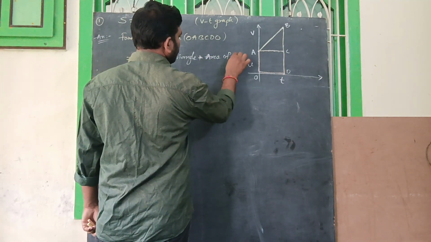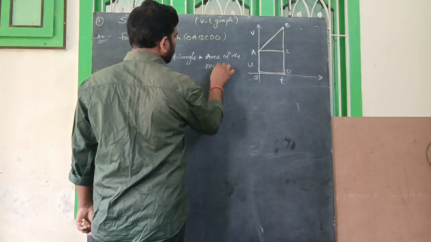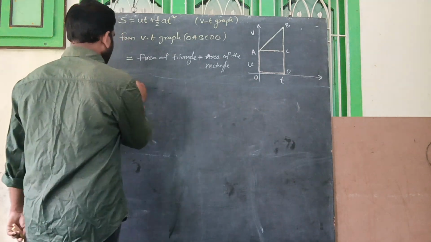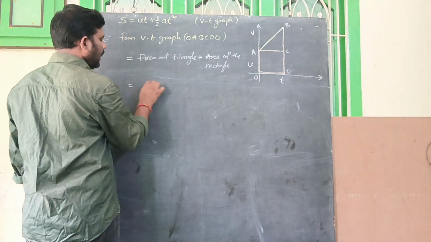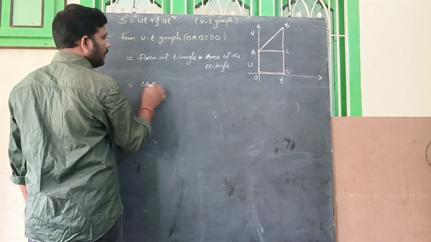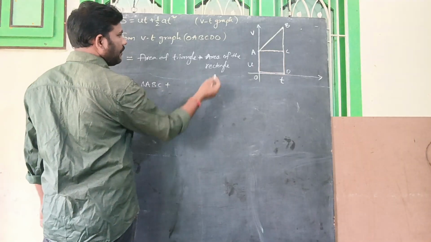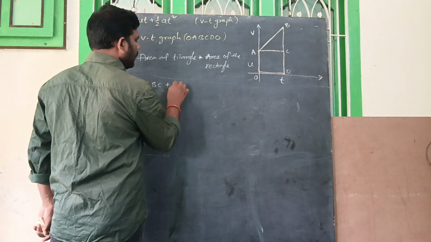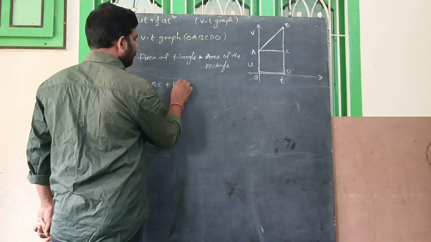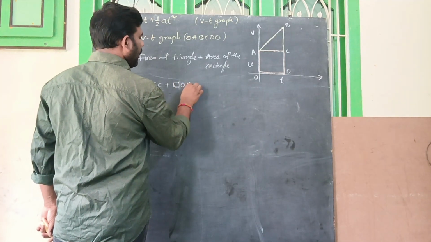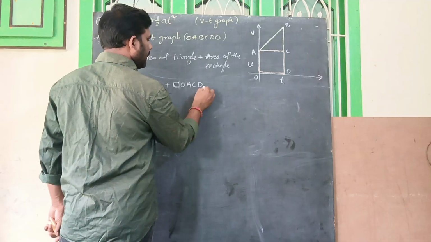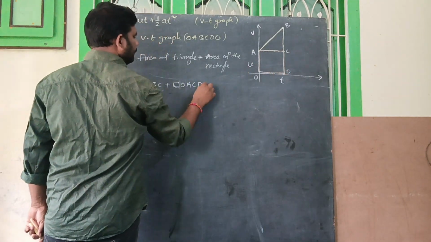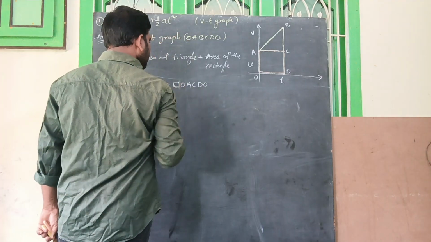Here the area of the triangle is ABC, and the area of the rectangle is OACD, that is O, A, C, D and O.